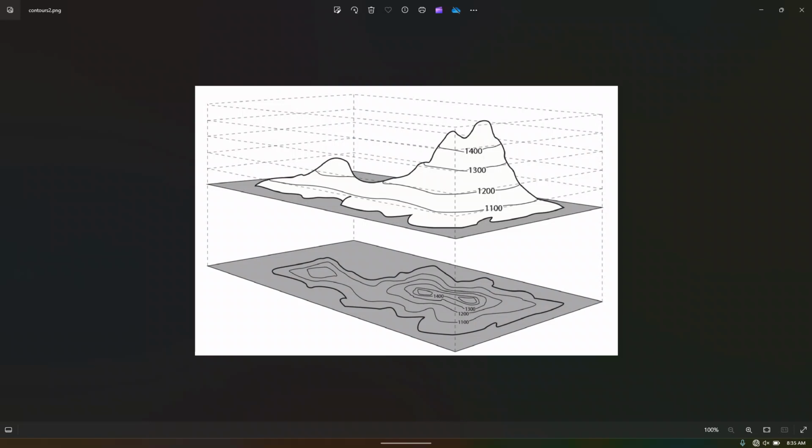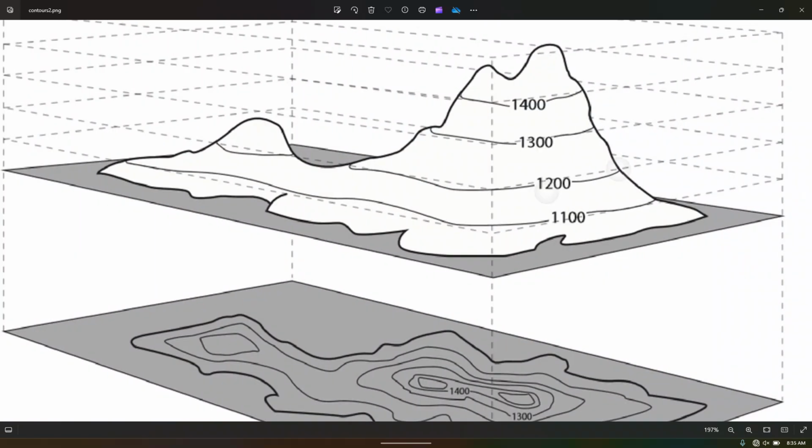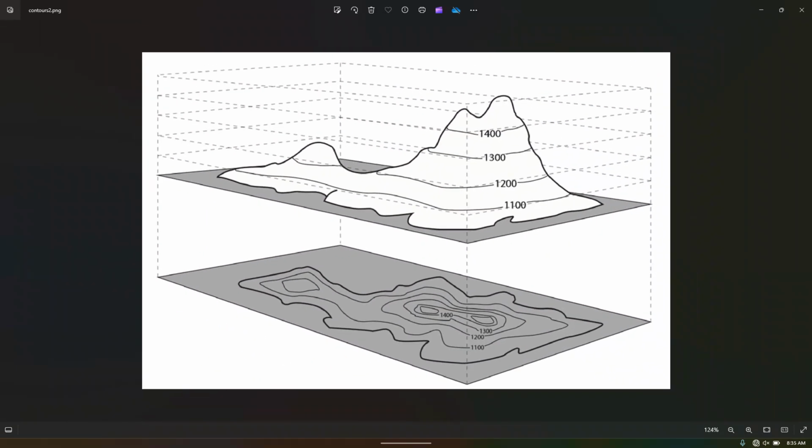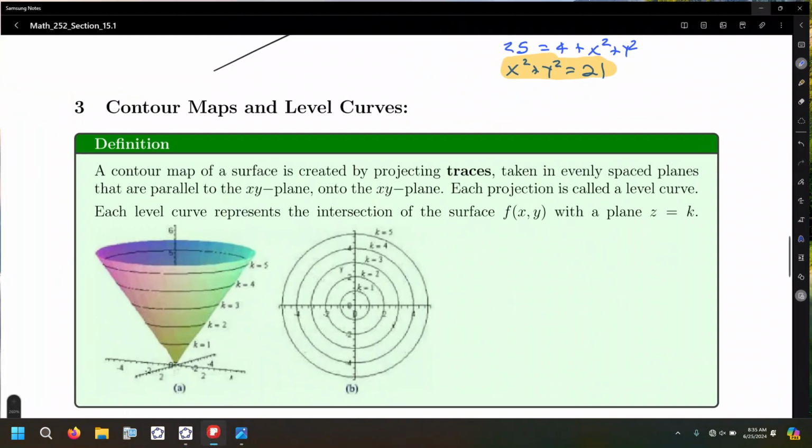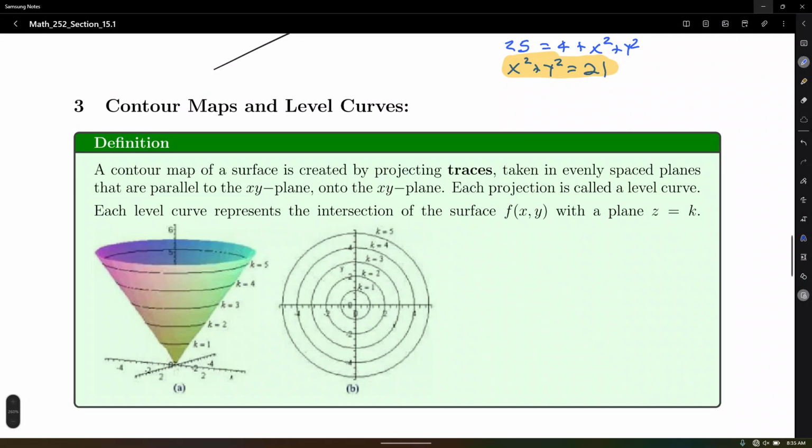In this section, we're going to learn how to graph this kind of level curves. But of course, we're not going to do anything too elaborate like that. We're going to go simple, with the known and common surfaces. All right.